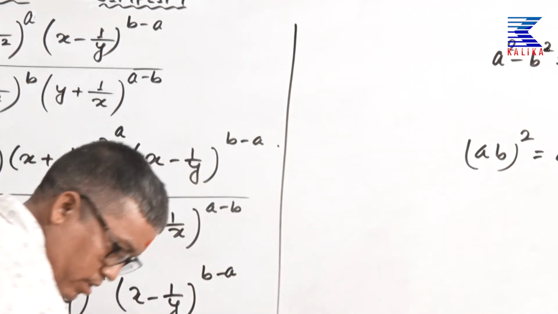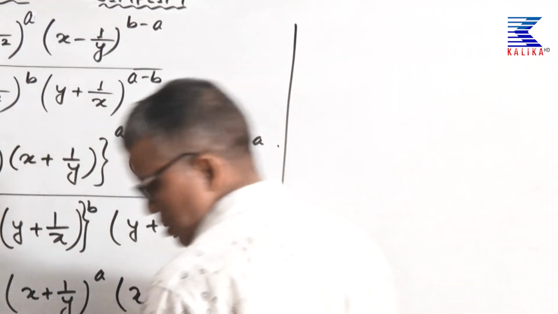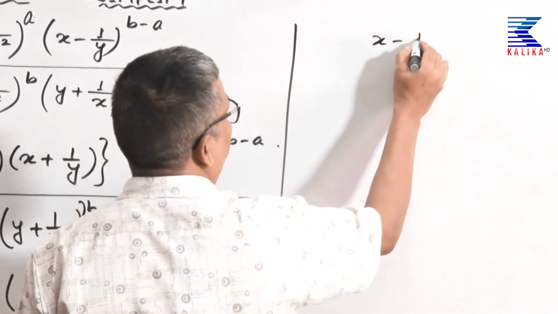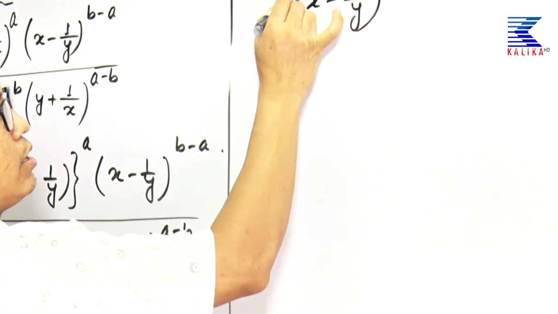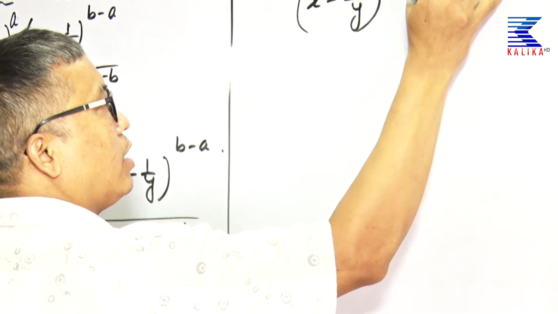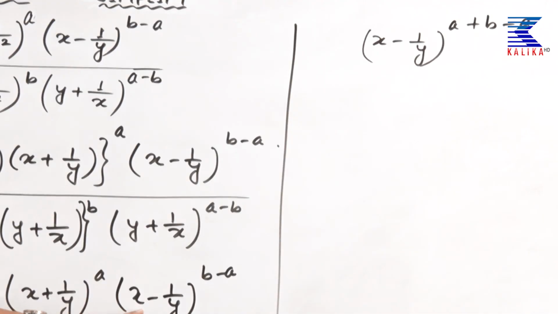Okay? Now, next step, what to do in next step? Look here, x − 1/y, x − 1/y, base are same, then power will be added. Here a + b − a. Okay? Base are same, then power will be added.